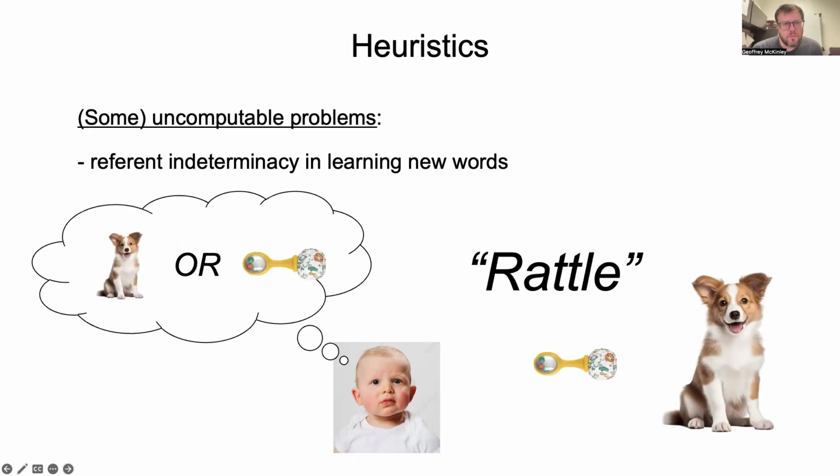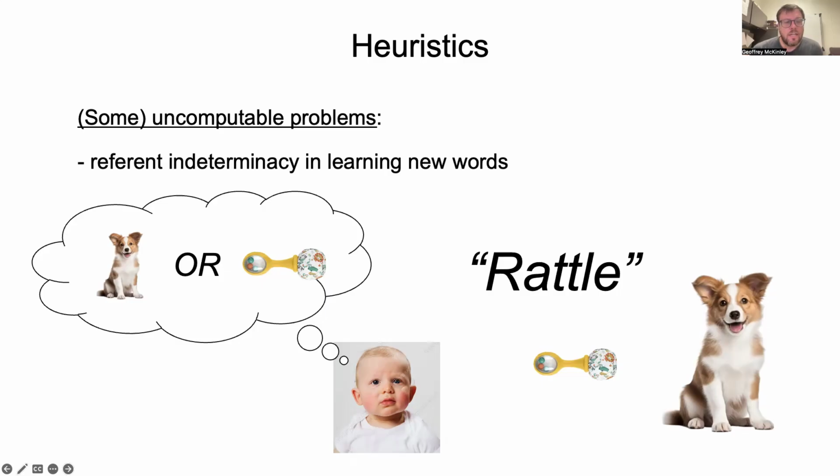And another heuristic, which is similar but a little different: when a learner encounters a new word, so if a baby hears the word rattle, again, there are potentially infinite possibilities as to what that word could refer to. And this is true even if, in this example, the toddler knows what dog is.